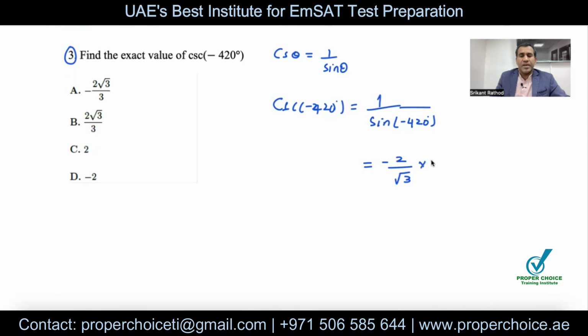Rationalizing is multiplying and dividing by the same square root of 3, so that it is converted as per the option given. So that's going to be negative 2 square root of 3 by 3. This is just another way to write that value. Or you can convert into decimal, and the option whose decimal value matches will be your choice. In this case, I'll go with option A.